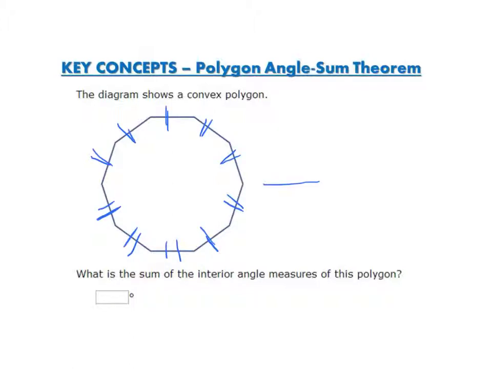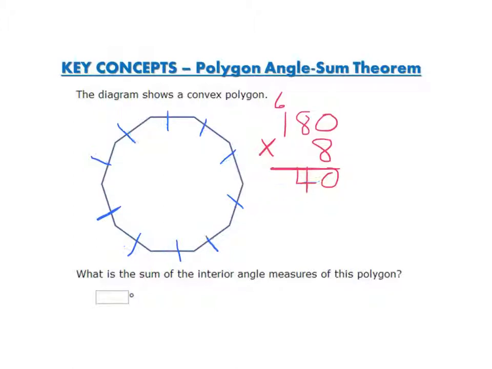So 10 minus 2 is 8. And then I take 180 times 8. And 8 times 8 is 64. 8 plus 6 is 14. So the sum of the interior angle measures is 1440 degrees.